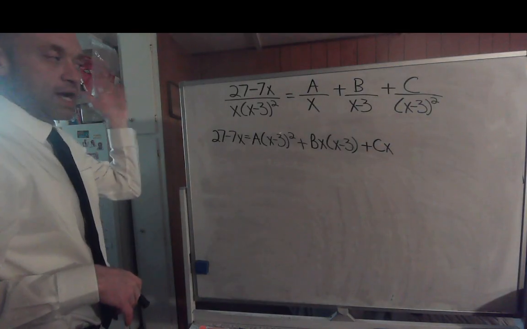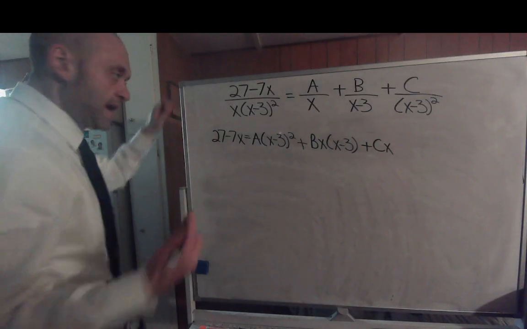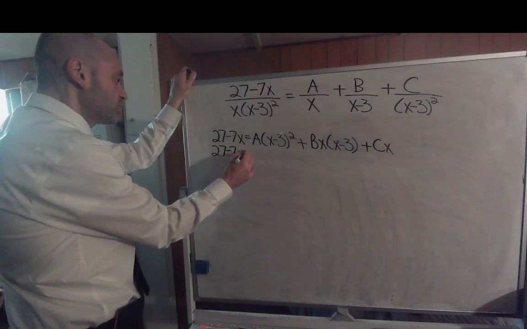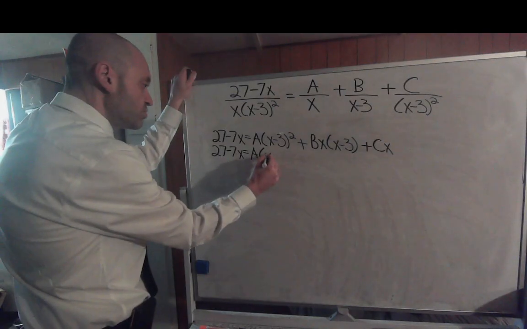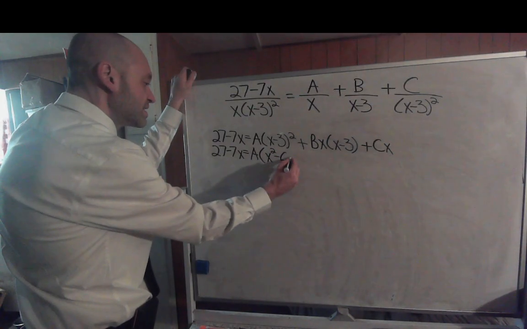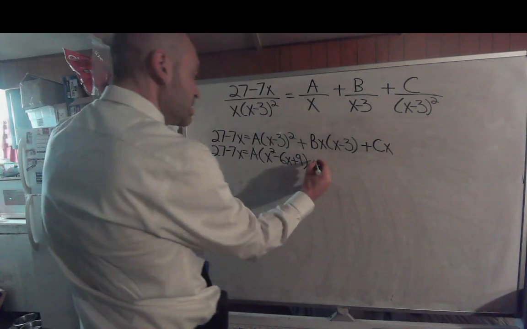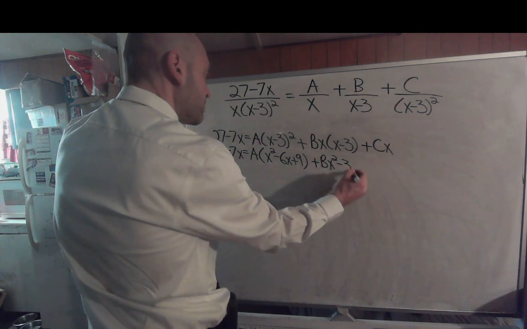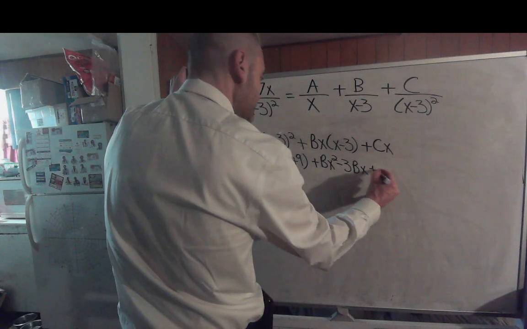All right, let's go ahead and expand these, distribute, what have you. So 27 minus 7x would equal A times that quantity squared, which would be x squared minus 6x plus 9, plus Bx squared minus 3Bx plus Cx.